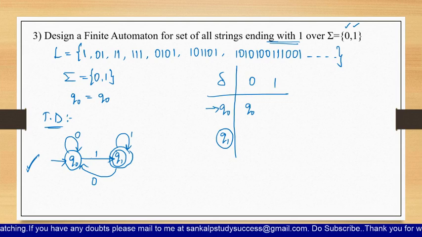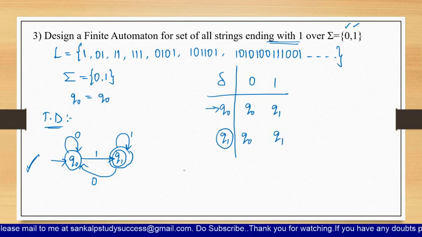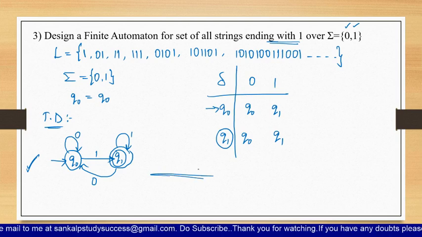If you apply 1 to Q0, it is moving to Q1. Then if we apply 0 to Q1, it is moving to Q0. And if we apply 1 to Q1, it is again reaching Q1 only. So this is the transition table, and in this way we are going to draw the DFA.